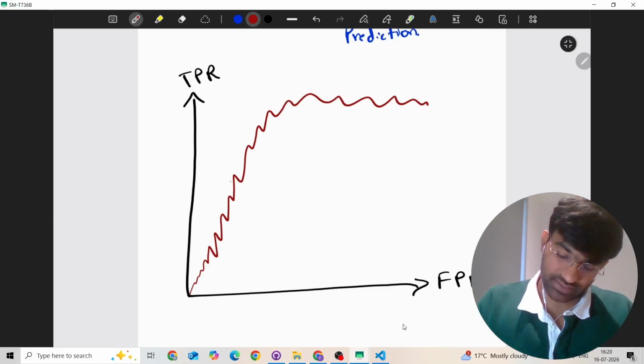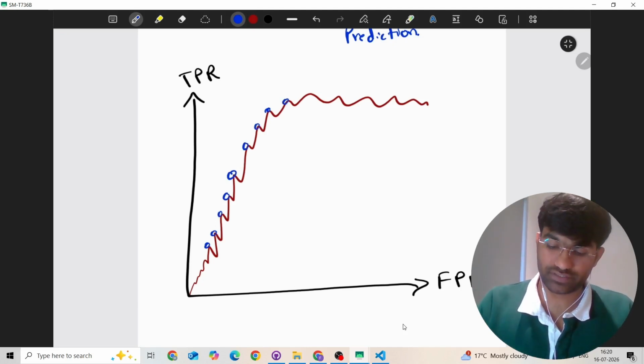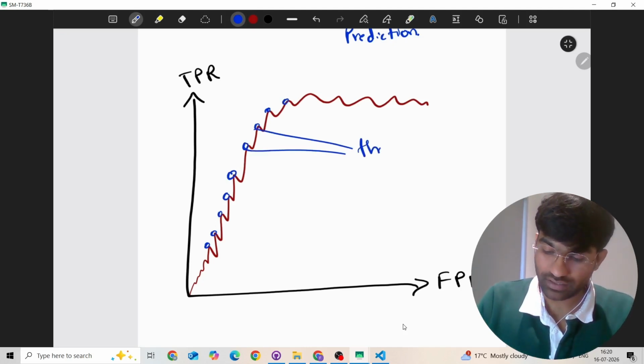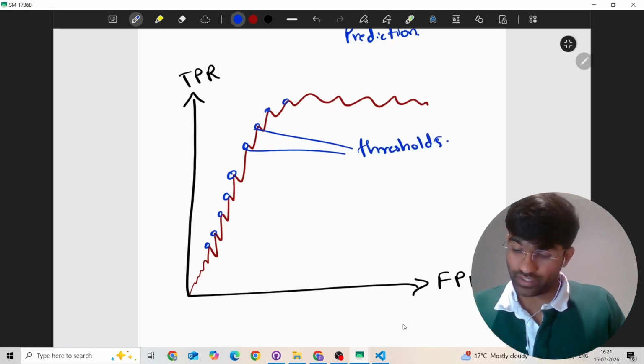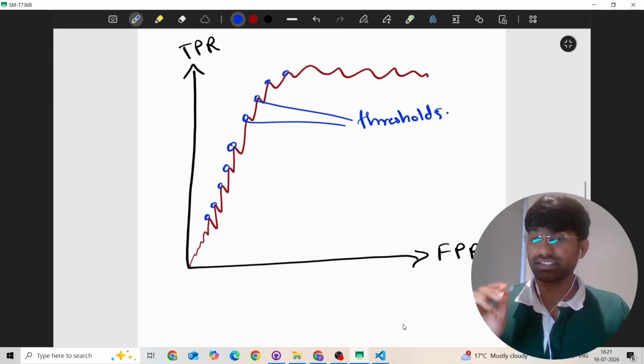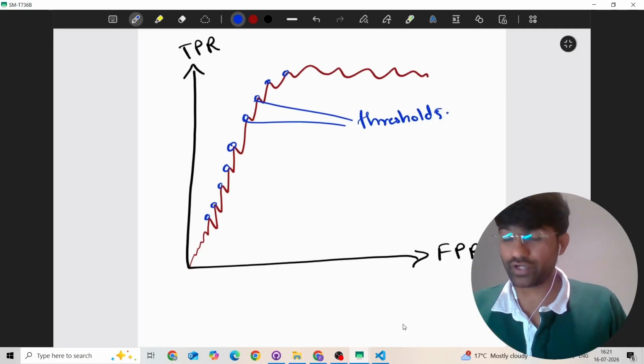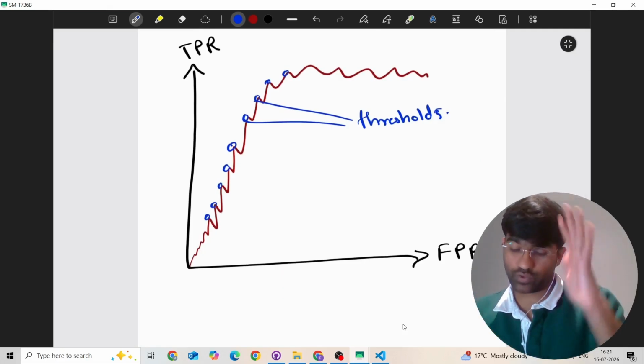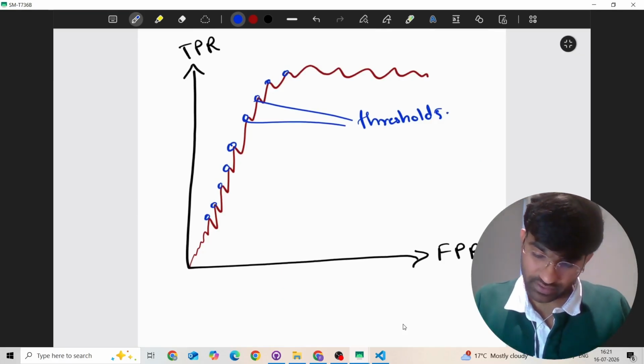What are these points? These points are thresholds. If your project requirement says to identify the lowest false positive rate where you can have a high true positive rate, it comes somewhere here.